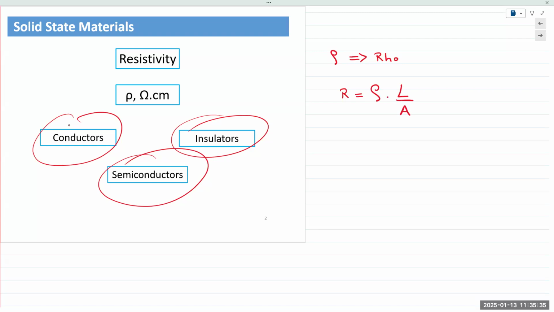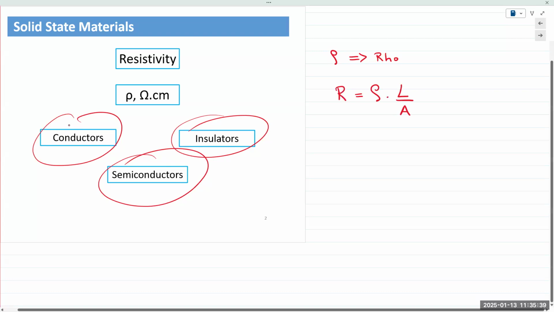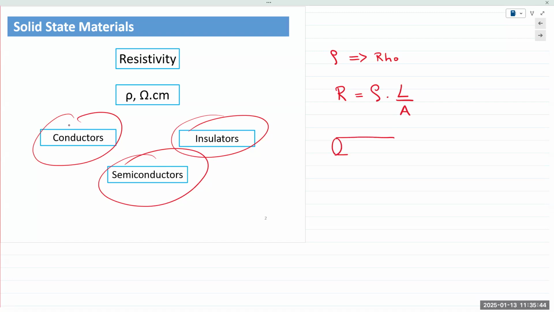So if you have a material with some length and some cross-sectional area, and I'm simply drawing a cylinder right now, but it could be any shape, this would be the length of the material, and this here is the cross-sectional area.